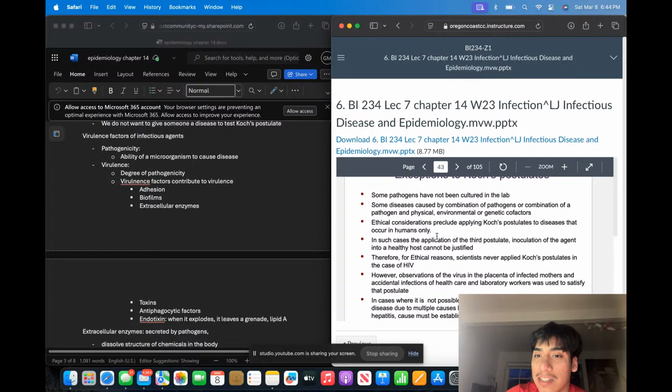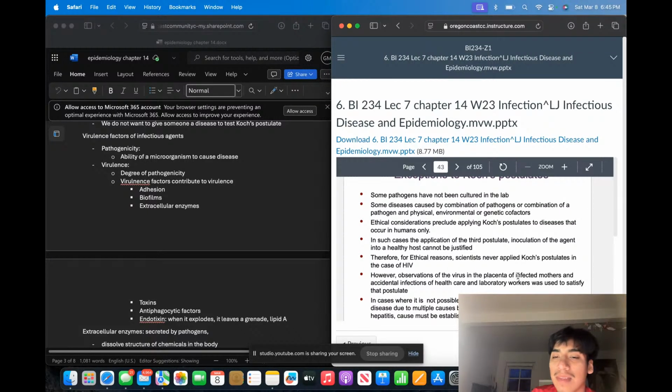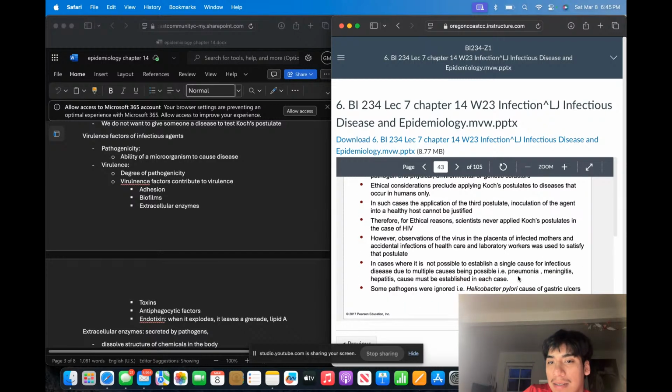In some cases, the application of the third postulate, inoculation of an agent into a healthy host, cannot be justified. That makes sense. I wouldn't really want to give someone AIDS just to prove it. Therefore, for ethical reasons, scientists never applied Koch's postulates in the case of HIV. However, observations of the virus in the placenta of infected mothers, so just from mother to child, was used to satisfy that postulate.